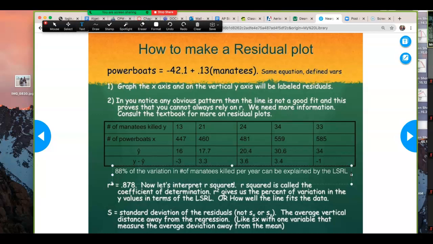So you could use a template for least squares regression of y, the number of manatees killed, on x. Alright, so that's interpreting r squared for this case.